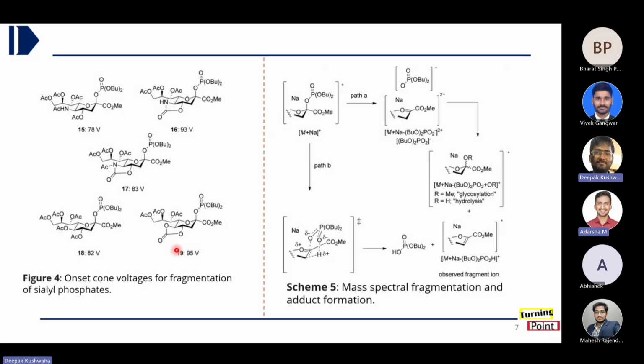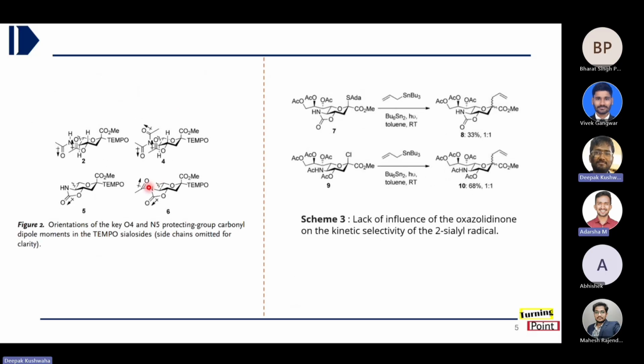But NH should have a lesser dipole moment, right? Because that is acting away from the oxazolidinone carbonyl group. If you see the previous slide, it is acting opposite to the carbonyl group dipole moment, right?